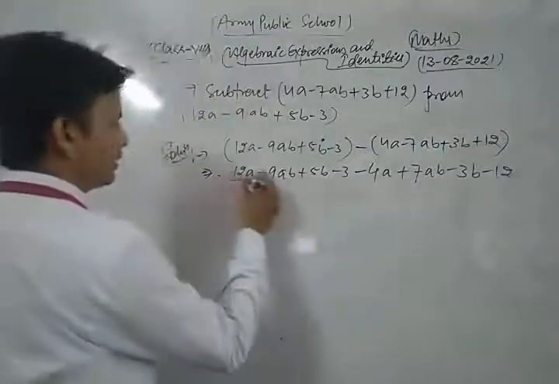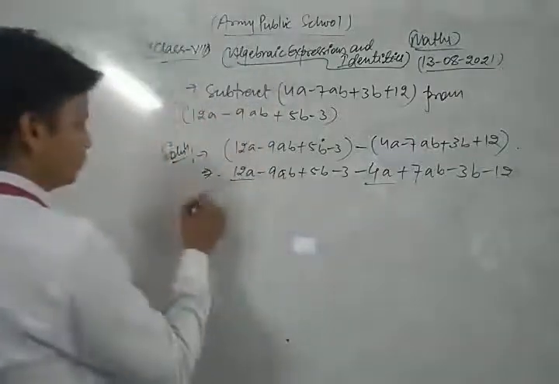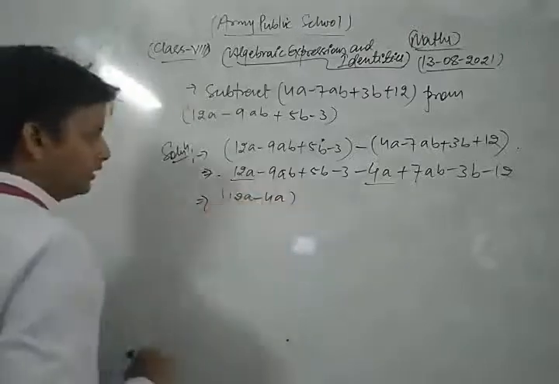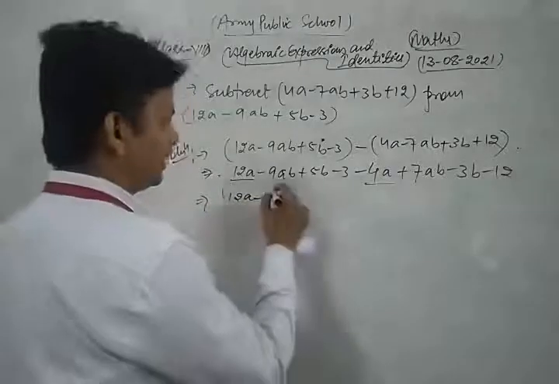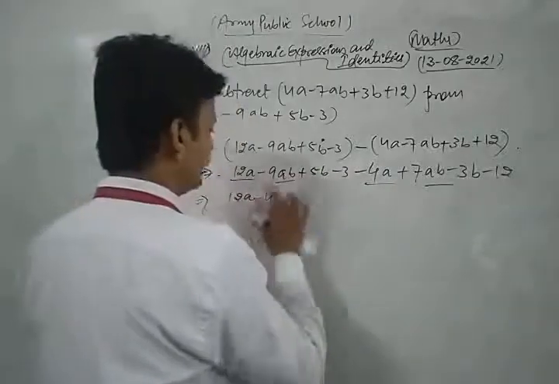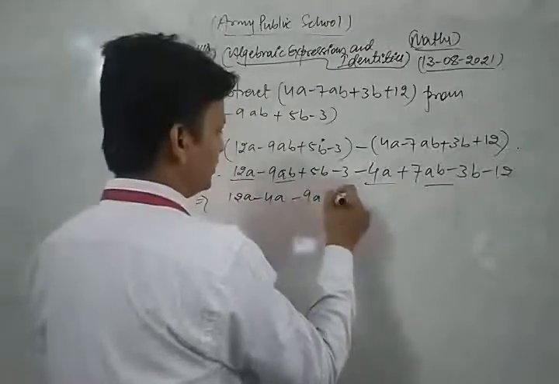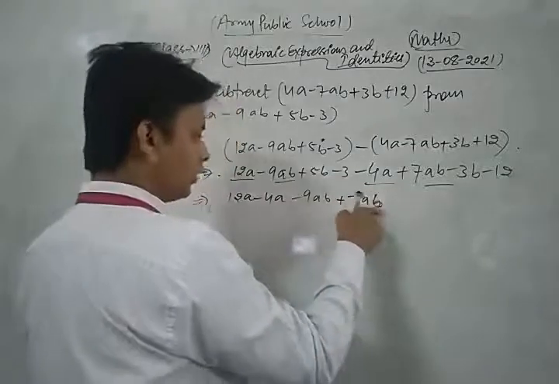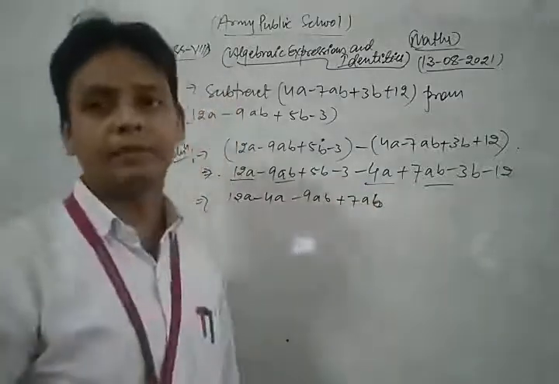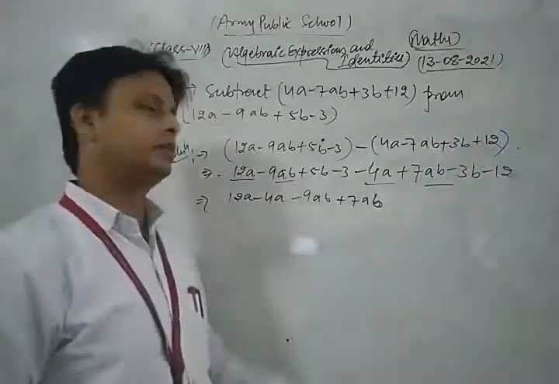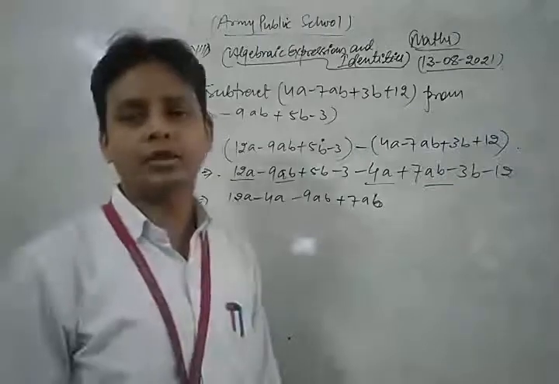Here this is plus 12a, this is minus 4a, so we take plus 12a minus 4a together. Now this is minus 9ab and this is plus 7ab, we take them together, because both are like terms, since both have the same algebraic factors. Those terms which have the same algebraic factors are known as like terms.